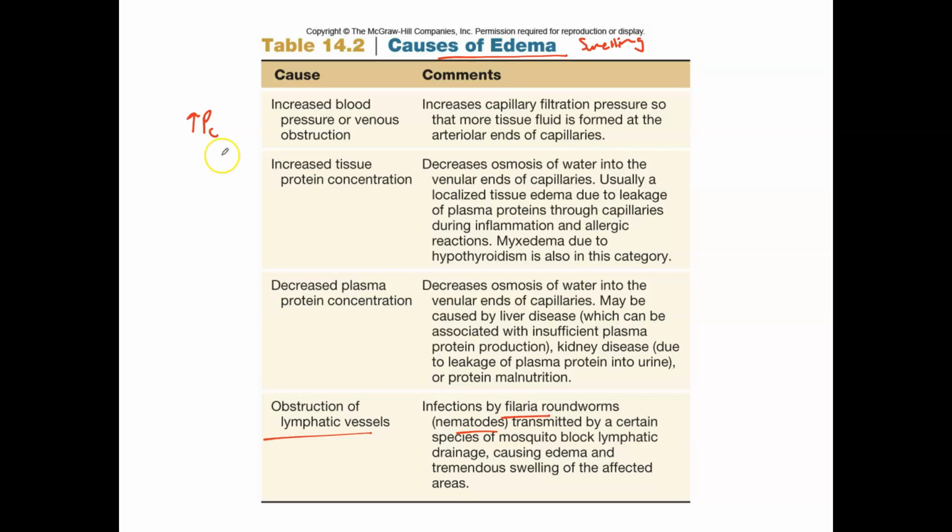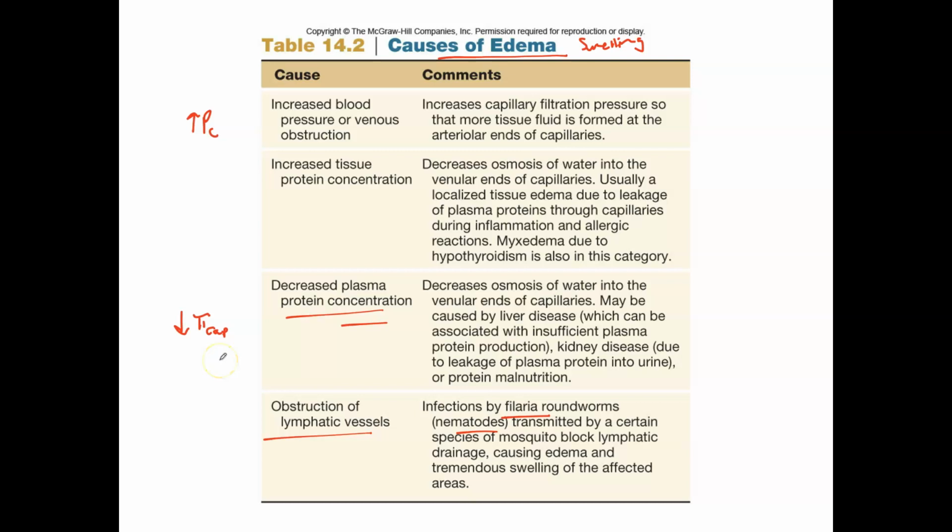Another example would be a decrease in your plasma protein concentration. So decreases in plasma protein concentration would be represented by a decrease in osmotic pressure in the capillaries.